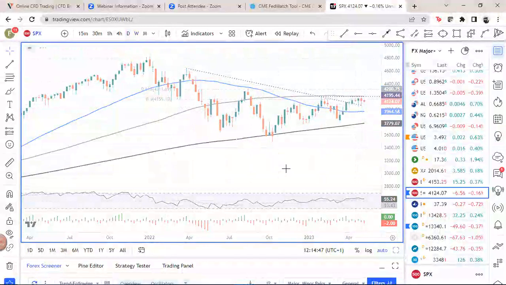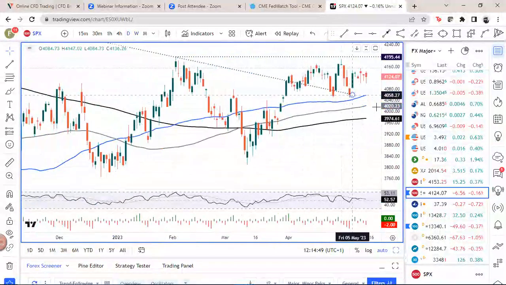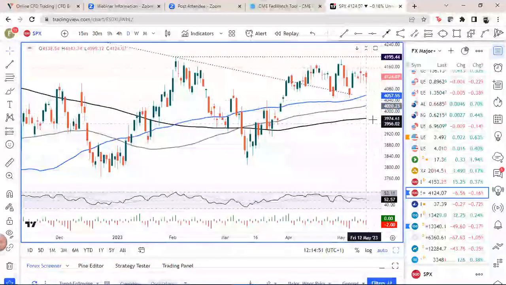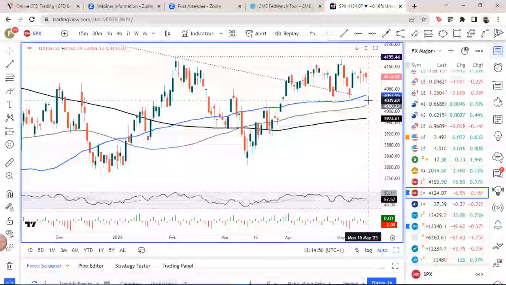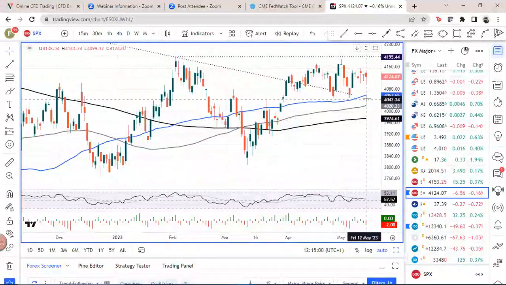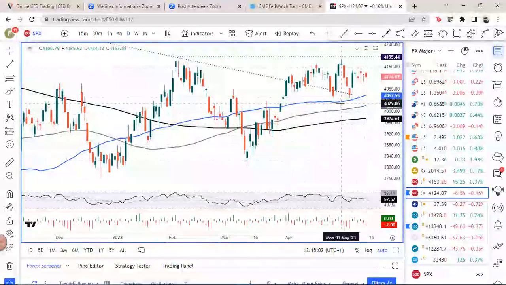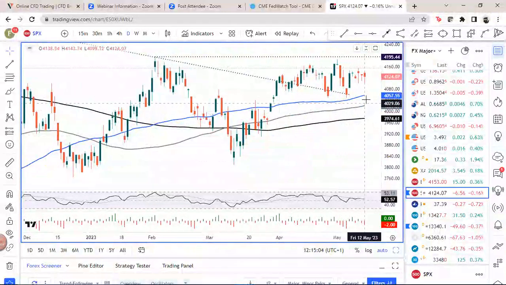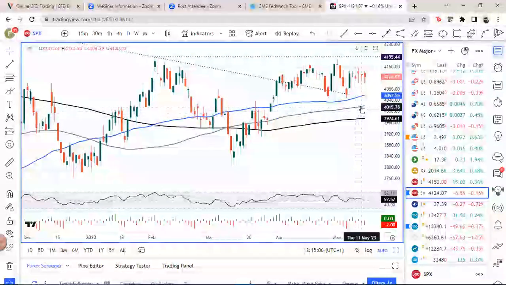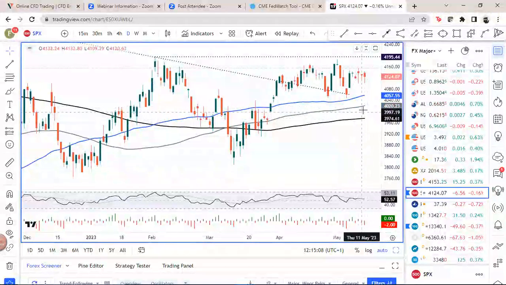If we look at the daily, you can see if we extend that line, it would be just above 4,000, so probably 4,040 or so. That tallies with the blue line, the 50-day moving average at 4,057, and below that the 100-day moving average at 4,020.